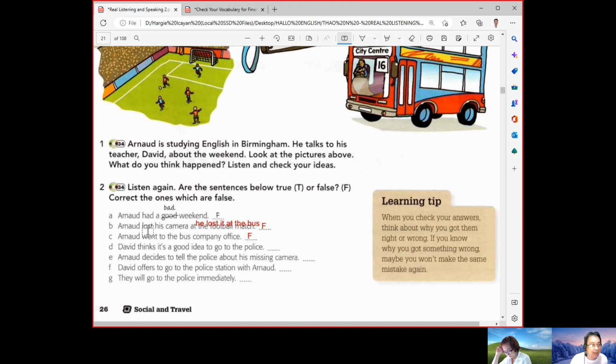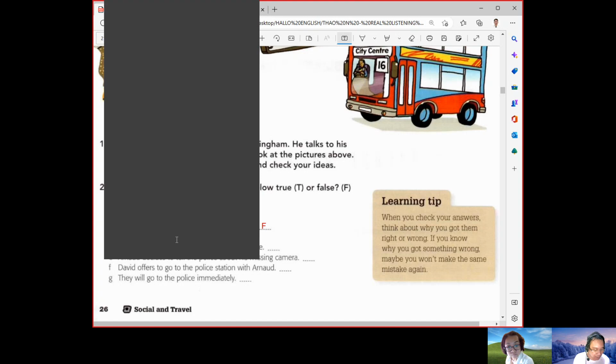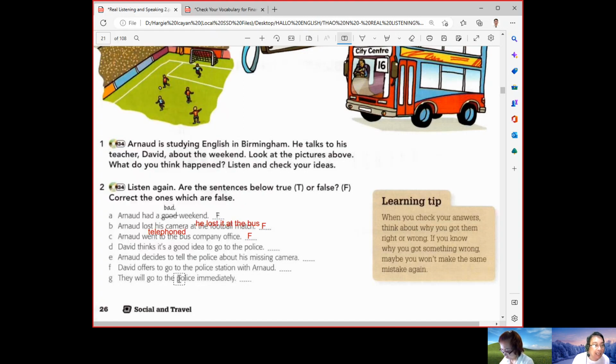He didn't go to the bus company, but he telephoned. So that would be the wrong one. Went, but telephone. Arnaud lost his camera, not at the bus, not at the football match.